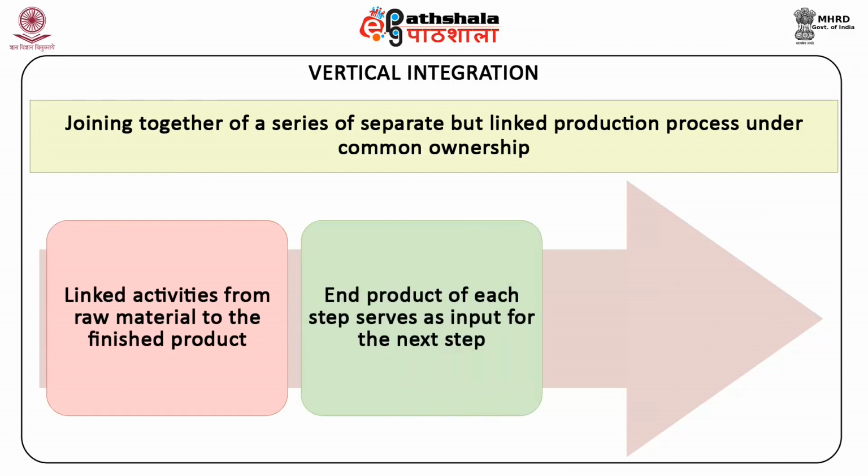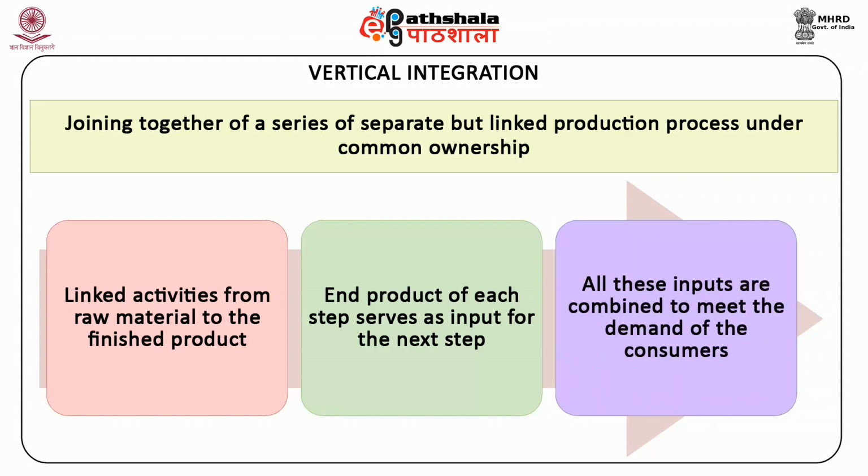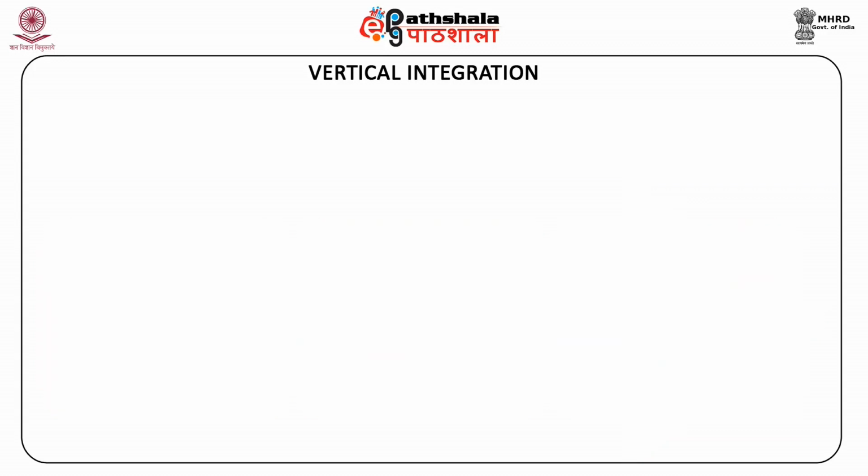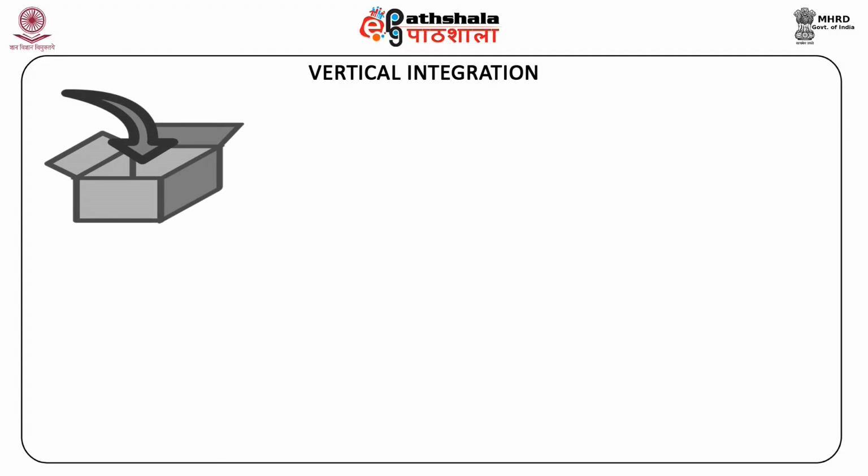The end product of each step serves as the input for the next step. Finally, all these inputs are combined to meet the demand of the consumers. In other words, if the firm decides to make all the inputs required on its own, it becomes vertically integrated.